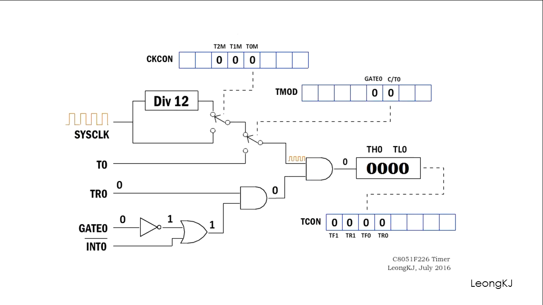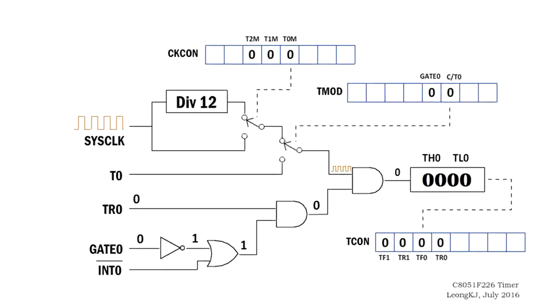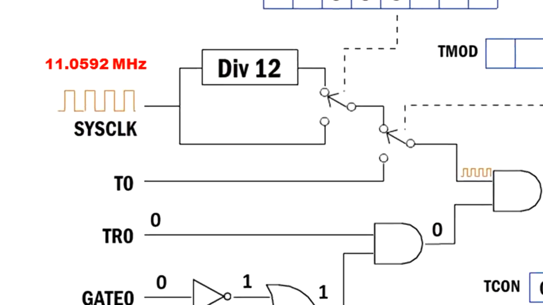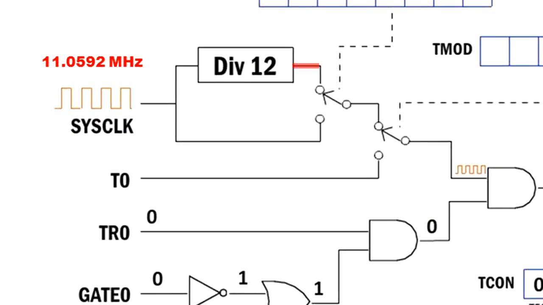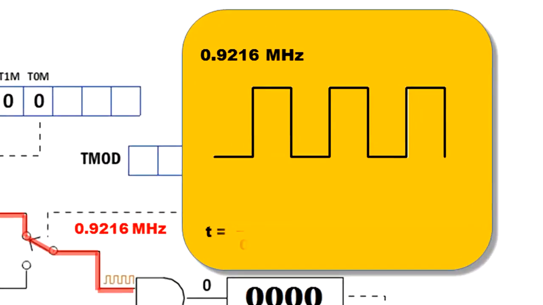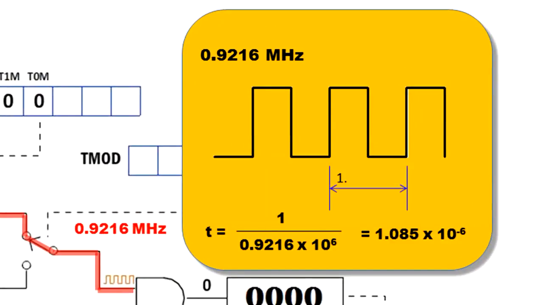Let's come back to the timer 0 logic circuit. The system clock is 11.0592 MHz. The clock feeding the timer is 11.0592 divided by 12, which is 0.9216 MHz. This gives rise to a clock period of 1.085 microseconds.